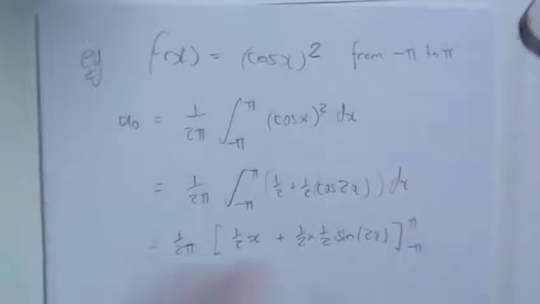So what happened there is that half got an x attached to it. The half from the half cos 2x is still a half. The cos 2x went up to sine, but because of the chain rule, I had to divide by the 2. This is the chain rule in reverse.